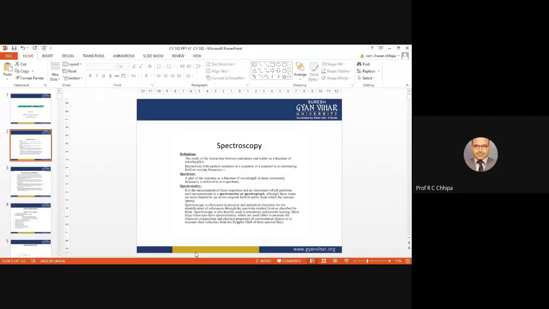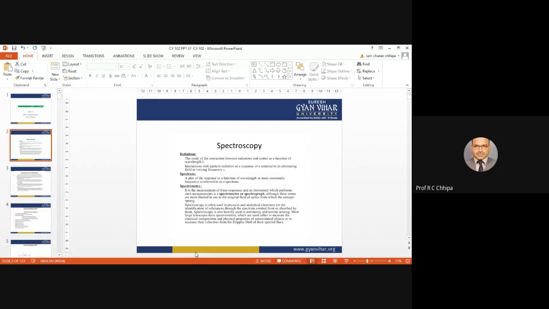So here the function of the wavelength. Wavelength, all of you are well known about that. We have already discussed the energy E is equal to hc upon lambda. Lambda itself is the wavelength. Interaction with particle radiation or response of a material to an alternating field, where we have to vary the frequency, is also related.